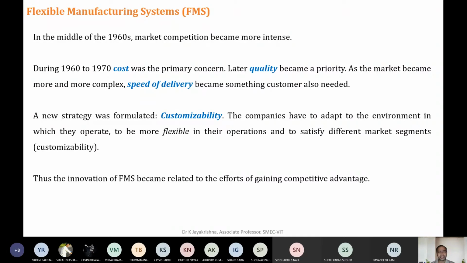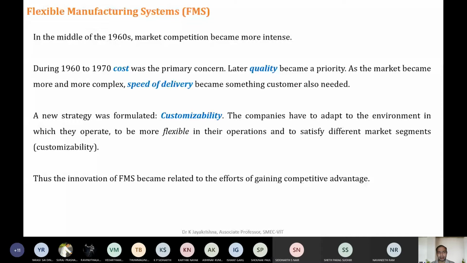As I told you, in the 1960s and 1970s, cost was becoming the primary concern, because soon after World War II, companies and organizations were finding scarcity of resources, and they wanted to get resources cheaply, manufacture products at low cost, and deliver them. The sale price of the product should also be low. That means when it reaches the customer, when the price is low, more customers will buy the product. So that is the idea.